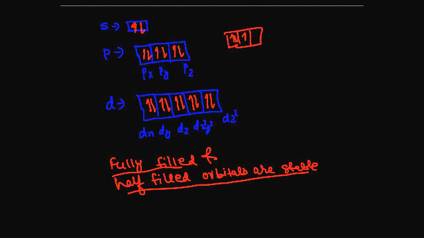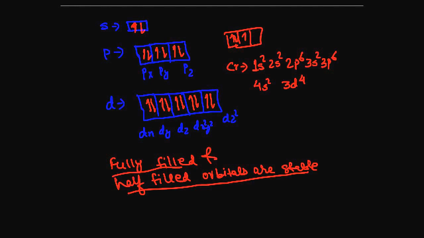So let me write down our projected electron configuration of chromium. It should have been 1s2, 2s2, 2p6, 3s2, 3p6, 4s2, and 3d4.